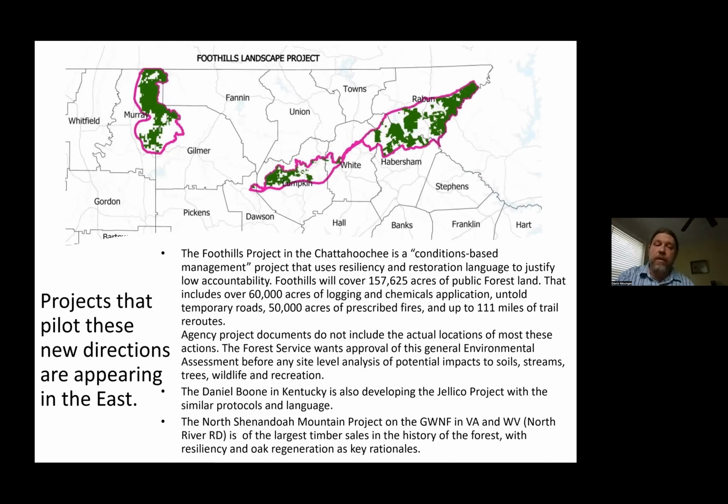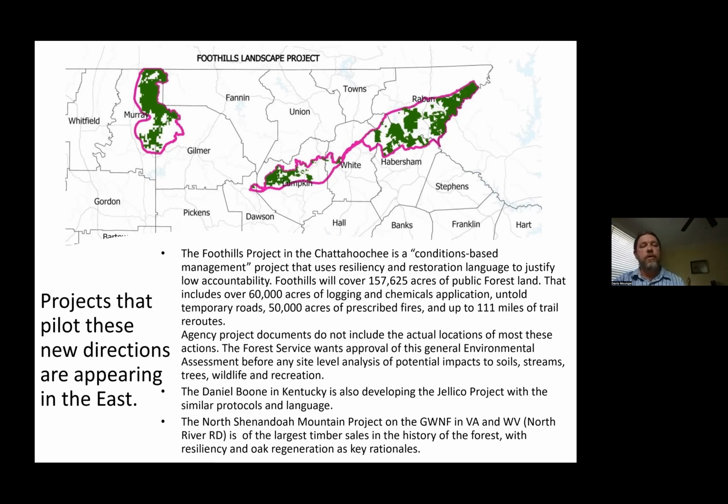This is fairly new, of course, and so we're monitoring how these new regulations are being used, invoking resiliency and restoration as kind of emergency justifications to shut people out. One project is the Foothills Project in Chattahoochee. This is very much a thing in progress right now, and it could be changing fairly soon.